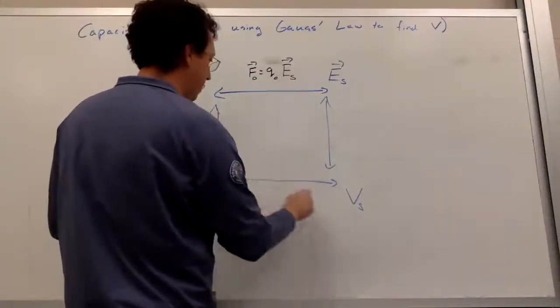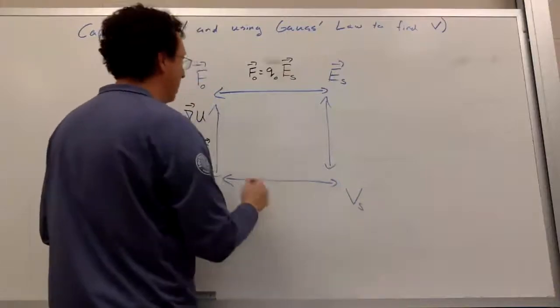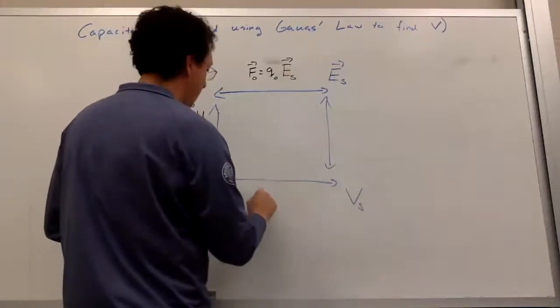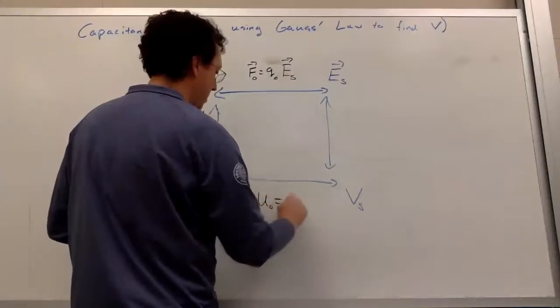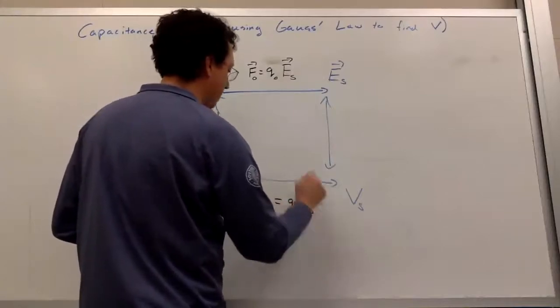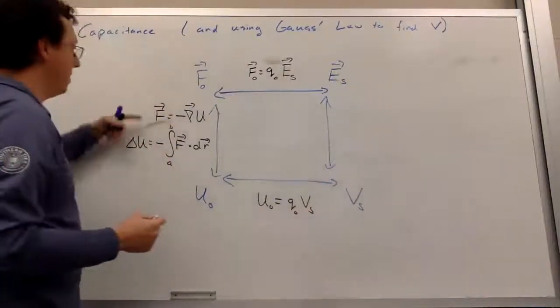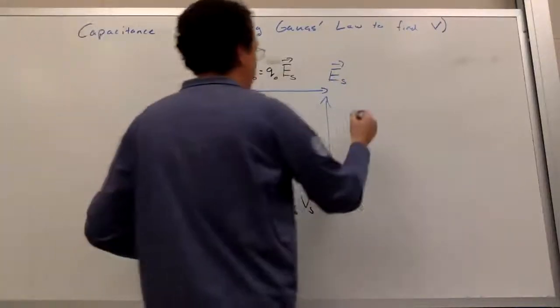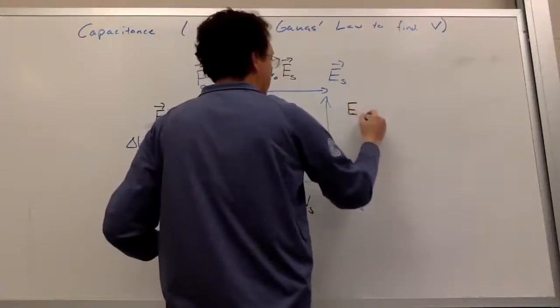Down here, the relationship between potential energy of the observer and the electric potential of the source is U of the observer is the charge of the observer times the electric potential coming from the source. And over here, these relationships mirror what we had for force and potential energy. We have the electric field of the source now.